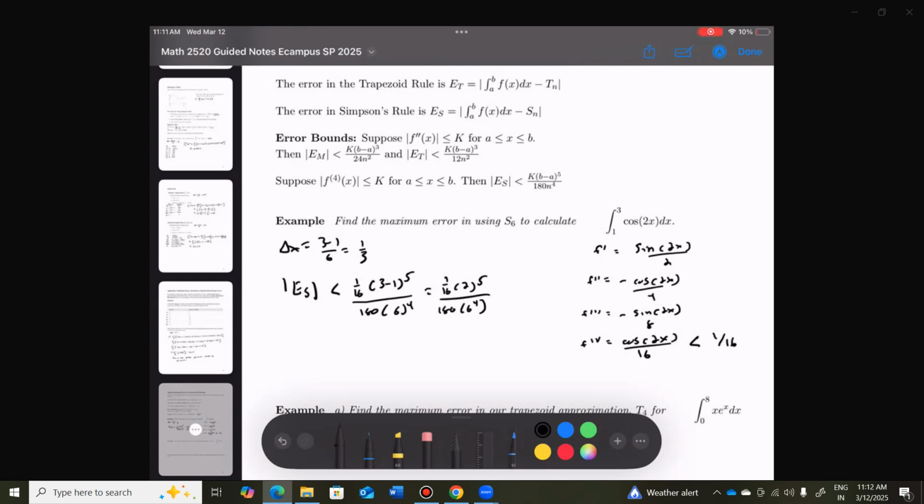And this becomes 1 over 116,640, which is about 8.57 times 10 to the negative 6.